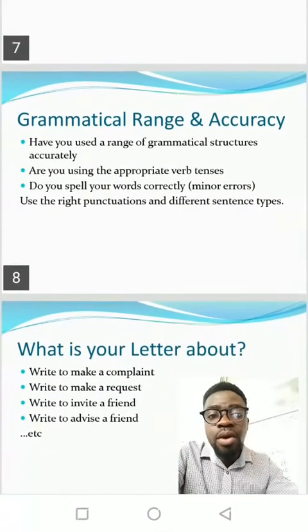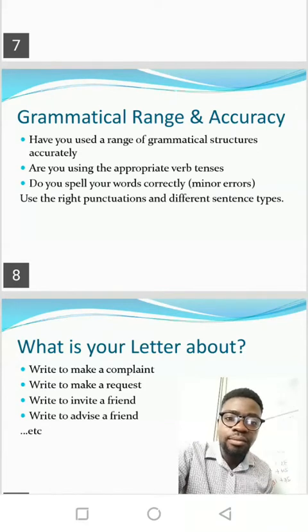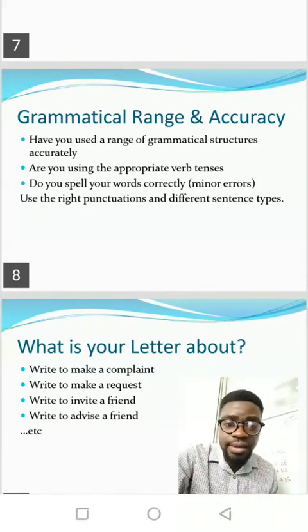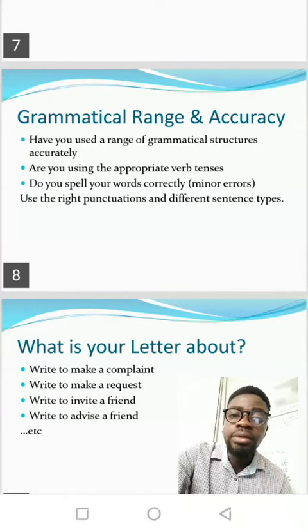The same goes for grammatical range and accuracy. Here, all the elements of grammar, these basic grammatical elements that you learned in your secondary school, your primary school, you're going to show the examiner how well you understand the grammar of the English language.